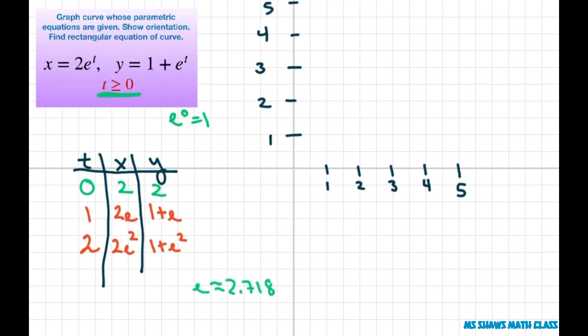So if you're not using a calculator, we can just graph this as our point 2, comma 2 goes here. And then 2e would be 2 times this, which is going to be less than, if I said 2 times 3, that would be 6. So it's going to be less than 5.